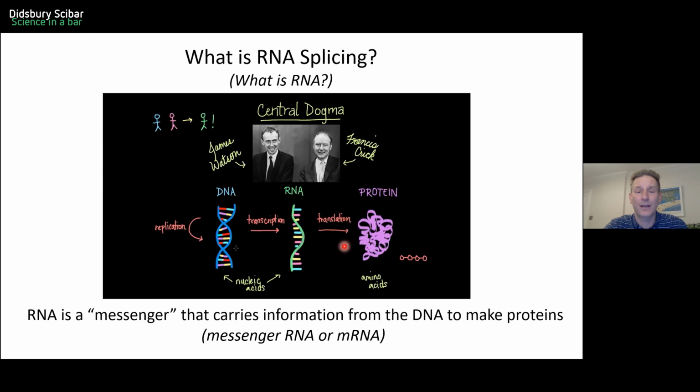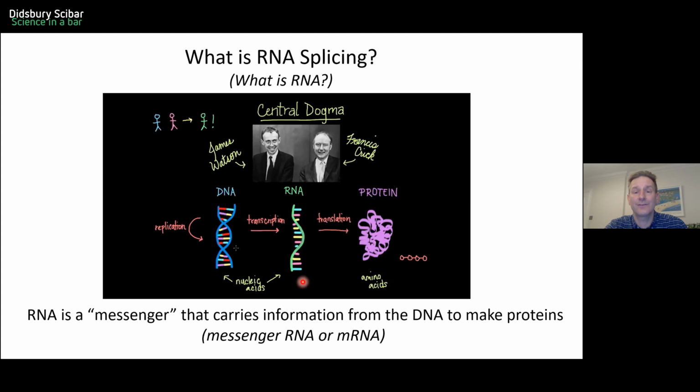This process of DNA making RNA, making protein is the so-called molecular biology central dogma, which was first proposed by Watson and Crick soon after they discovered the structure of DNA. Now, if you look here, the DNA is making an RNA that is similar in size and length to the DNA.